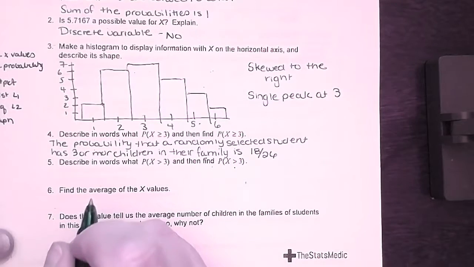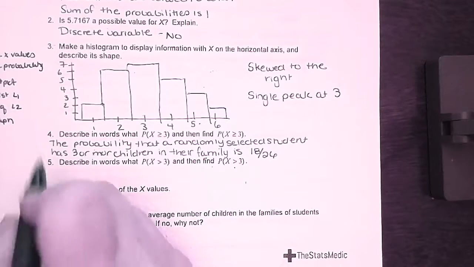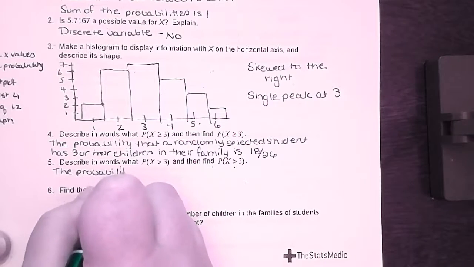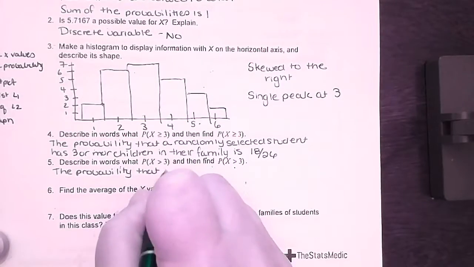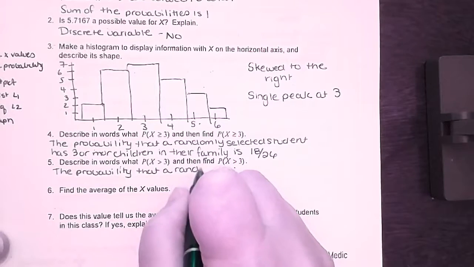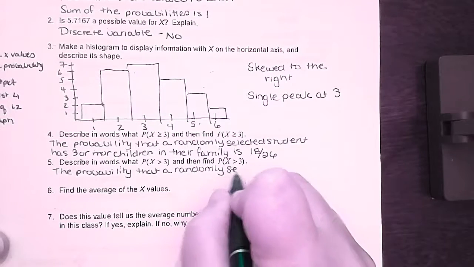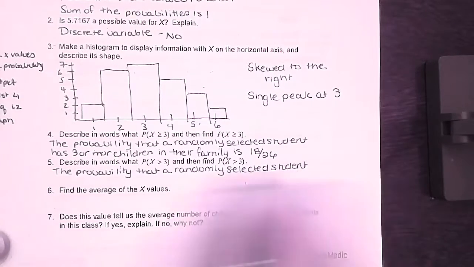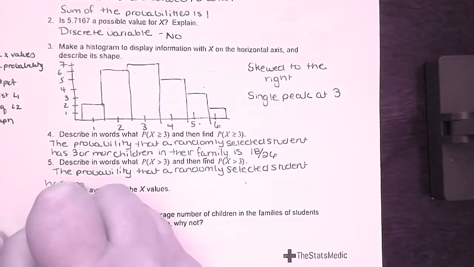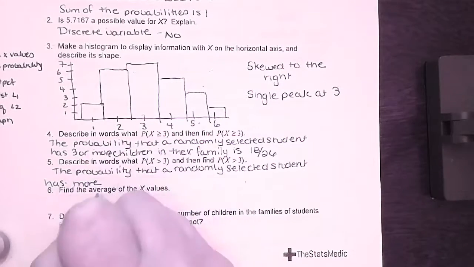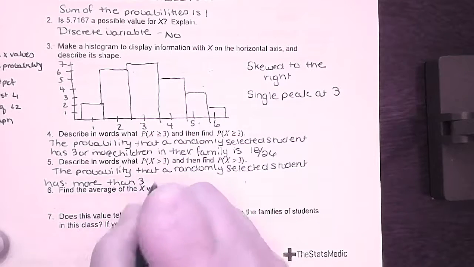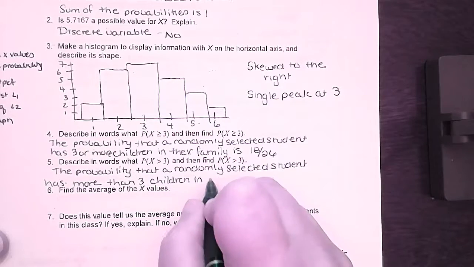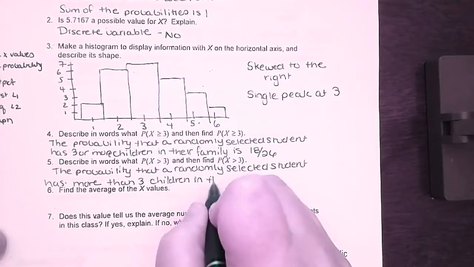That is the probability that a randomly selected student has more than 3 children in their family.